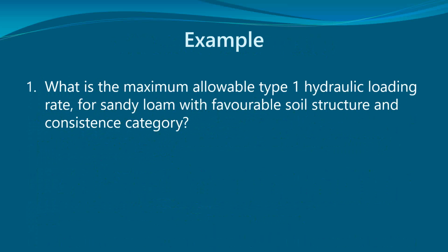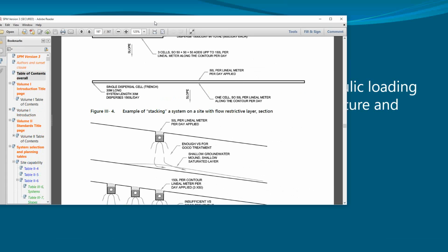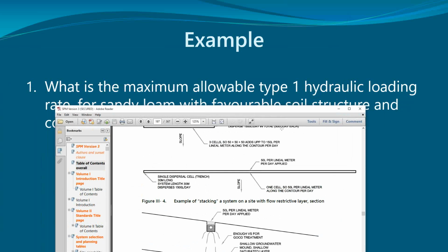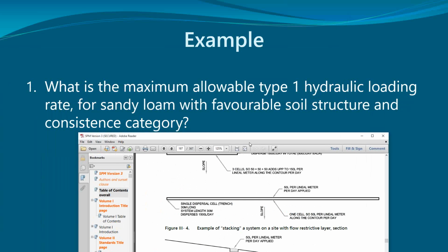All right. Just to keep you interested, let's try an example. Basically with the goal of making sure we know how to locate things. So the question is, what's the maximum HLR for a specific set of characteristics? Let's see what I can do here.